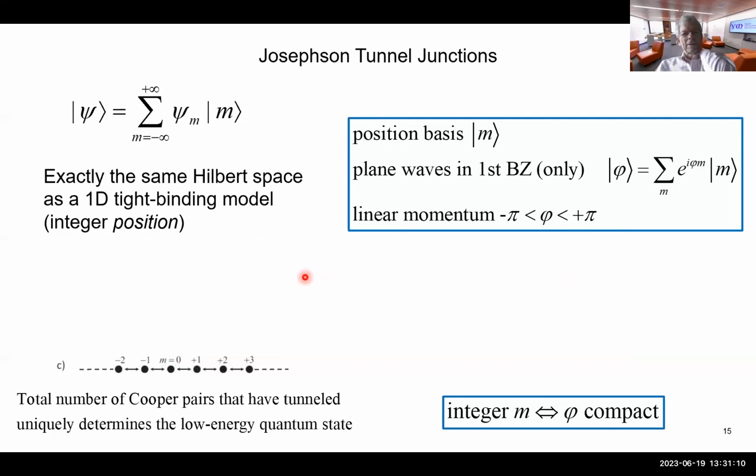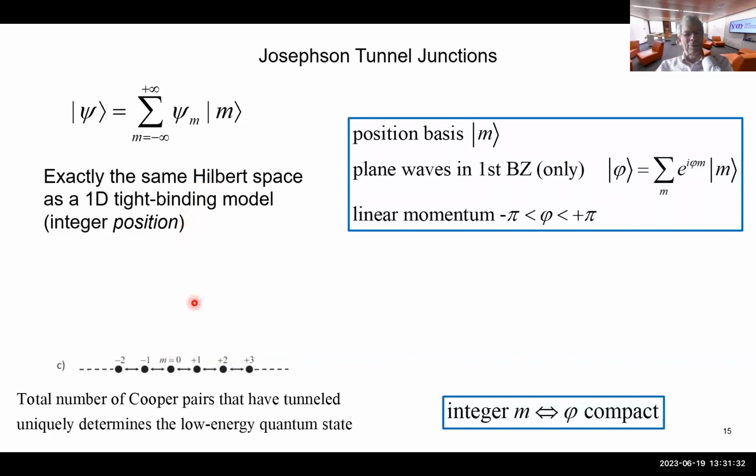Okay, so this is the same Hilbert space labeled by an integer that can run from effectively minus infinity to plus infinity. So it's the same Hilbert space as if I have a tight binding lattice in condensed matter physics in one dimension, and particles can hop from site to site to site.